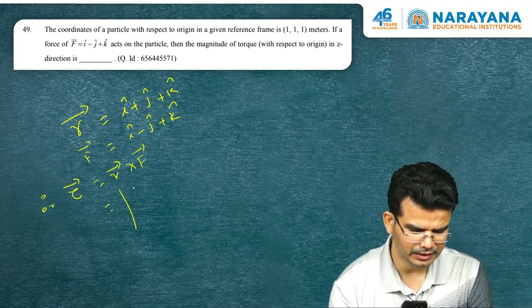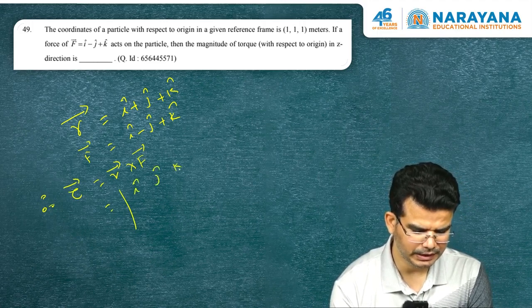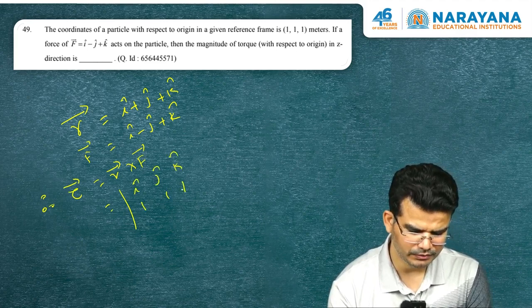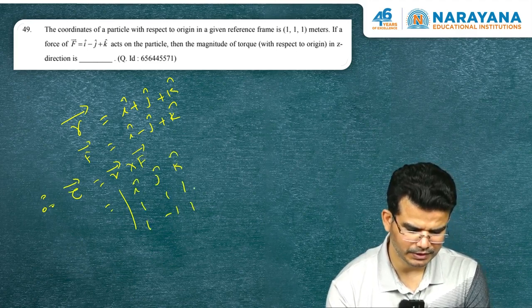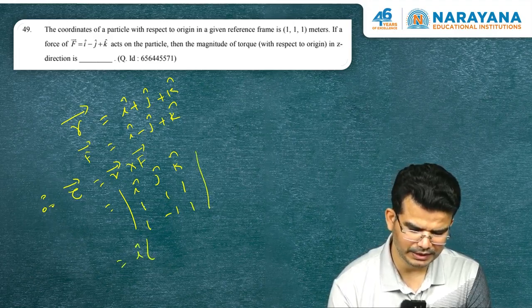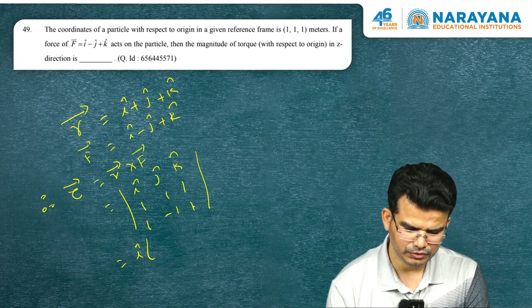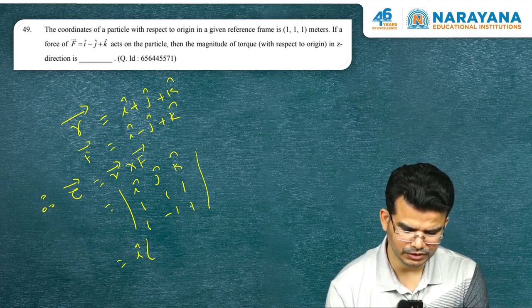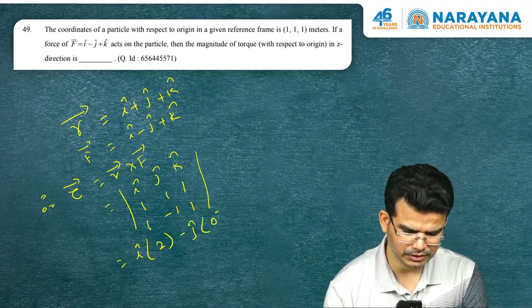So, I have to do the determinant of i, j, k; 1, 1, 1; 1, minus 1, 1, correct? Solve this. So, for i cap, what will I get? 1 into 1 minus 1 into minus 1, so this will be 2. Minus j cap, 1 into 1 minus 1 into 1, this will be 0.